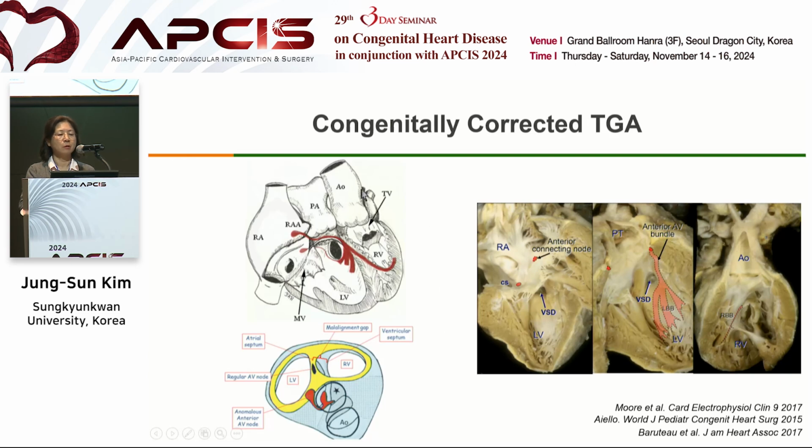The heart of congenitally corrected TGA has a discordant atrioventricular connection, so the morphologically right atrium connects to the morphologically left ventricle, and the left atrium connects to the morphologically right ventricle. The ventriculoarterial connection is also discordant, so the left ventricle connects to the pulmonary trunk and the morphologically right ventricle is connected to the aorta.